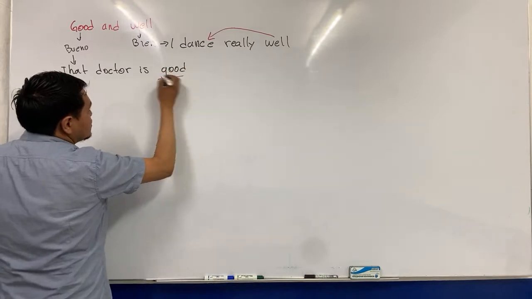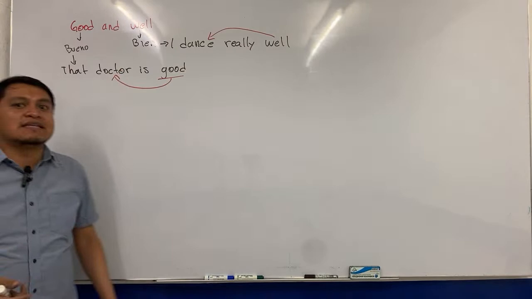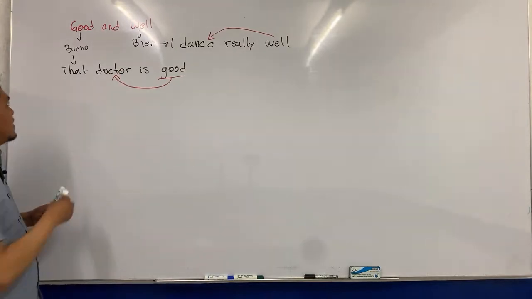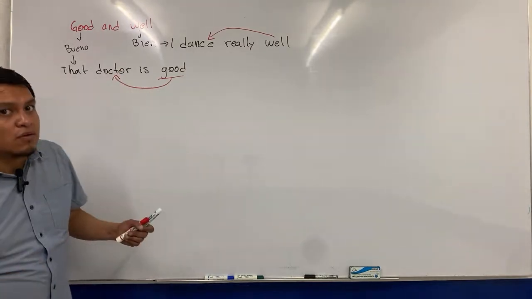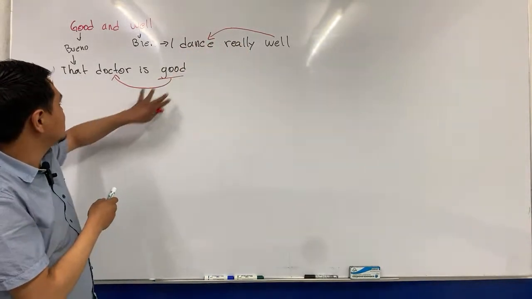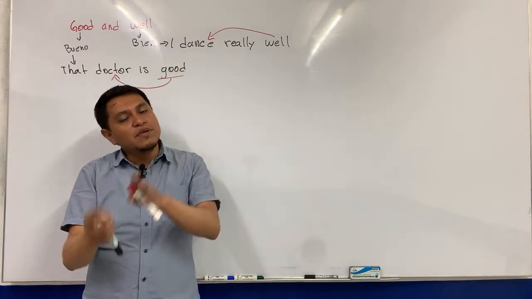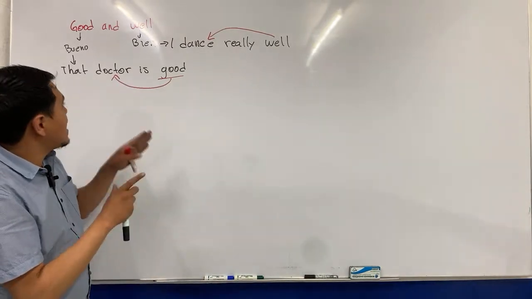In this case, this word modifies the noun because it's an adjective, right? I mean, ese doctor es bueno, right? No es lo mismo. This is the difference between good and well.